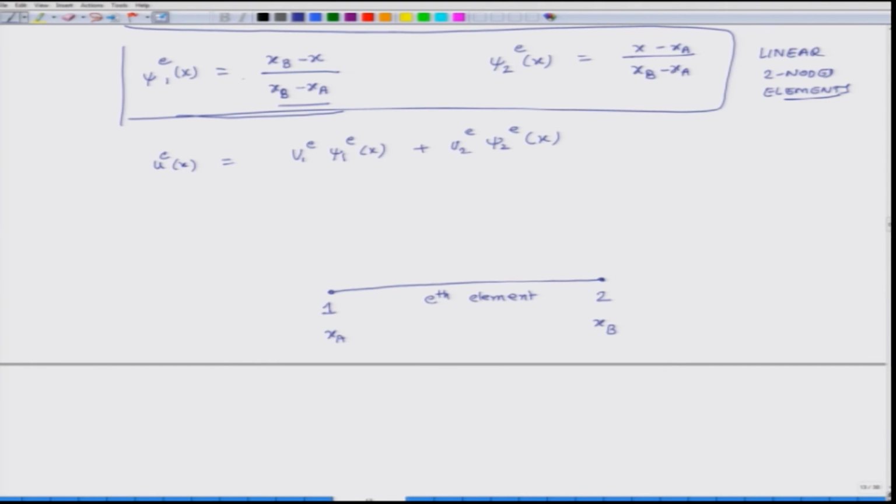If I plot psi 1, what you will see is at x equal to x a, which is the first node, the value of this psi function is 1. And at the second node x b, it becomes 0. So, this looks like this, and the height of this function is 1. So, this is my psi 1.